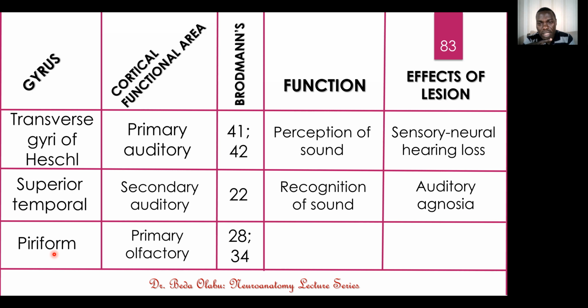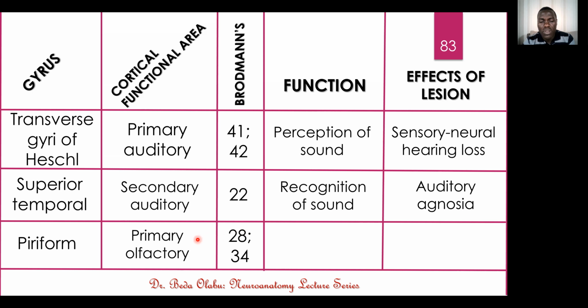The uncus and the anterior parts of parahippocampus, we call that the Piriform Lobe. The Piriform Lobe is the primary olfactory cortex. The uncus is specifically area number 34. And some parts of the parahippocampus represent area number 28.